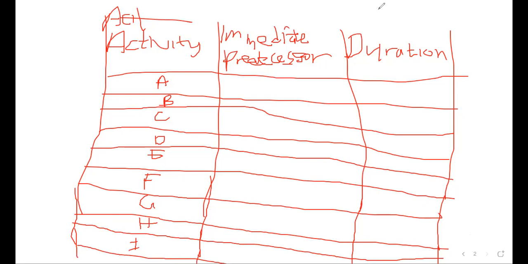So the durations there are 5, 15, 25, 15, then 30, 10, 10, 5, and 5.